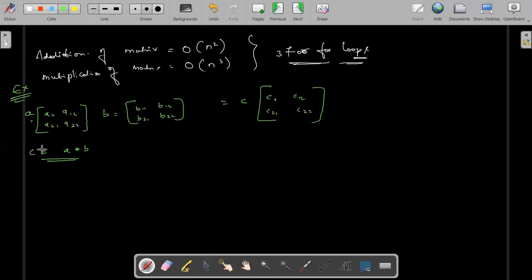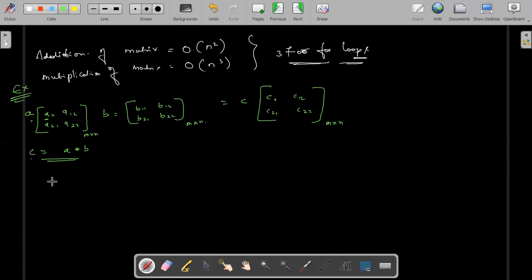It is constant. Here also the same thing. Now please observe, I'm just doing the multiplication. We know that C is nothing but this one. Let's take m into n, here also m into n.